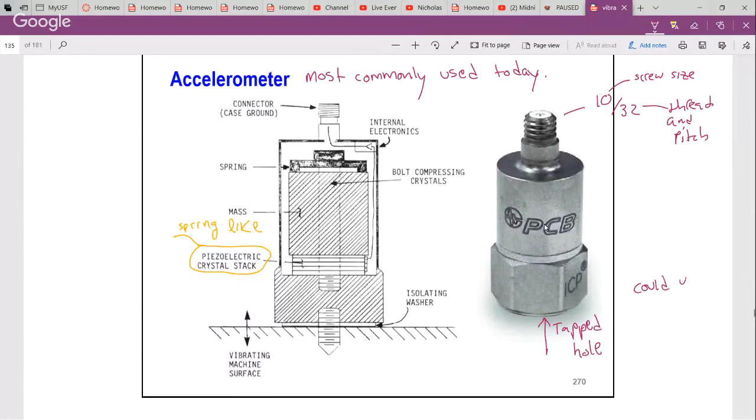This is the caution section. Let's start at the bottom. We've got our vibrating surface at the bottom. We're stud mounted. In this case, we use an isolating washer. I'll make a comment on it because I have a fair amount of personal experience with this. You take a vibration measurement on something that has a large potential for static charge.